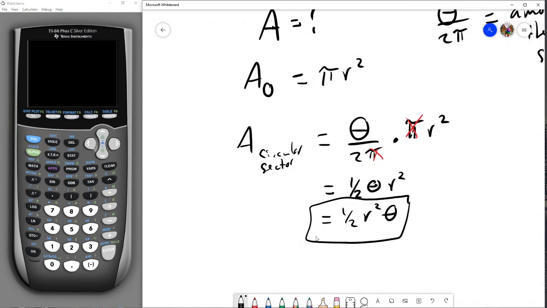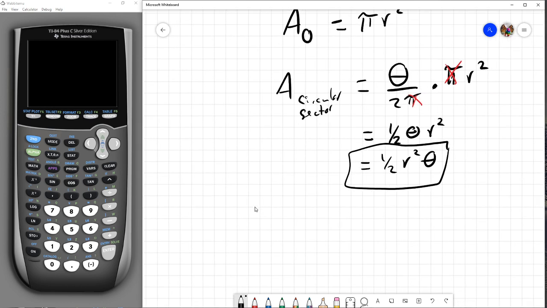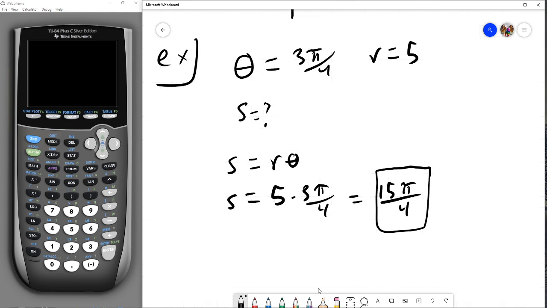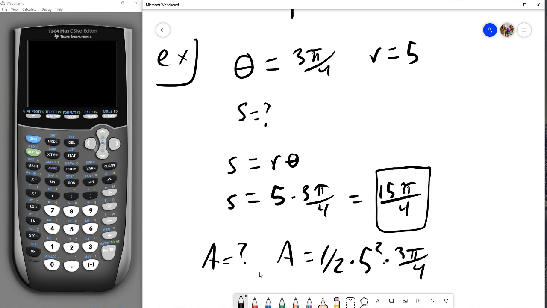So this is our new fun fact we want to memorize. In fact, this shows up every once in a while in the future, calculus later on. It's a good fun fact to have in the back of your mind. And so if we want to update our example to find what is the area, well, area would equal 1/2 times 5 squared, times our 3 pi over 4.